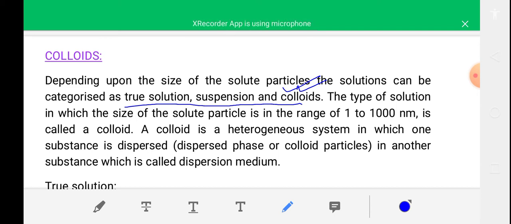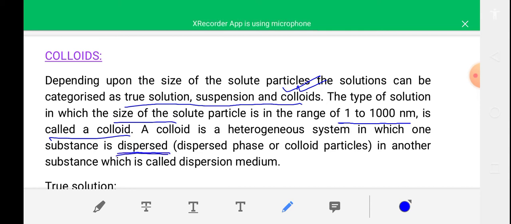The type of solution in which the size of solid particles is in the range of 1 to 1000 nanometer is called colloid. Okay, so in colloid the size of solid particles is from 1 nanometer to 1000 nanometer, and colloid is a heterogeneous solution in which one substance is dispersed.